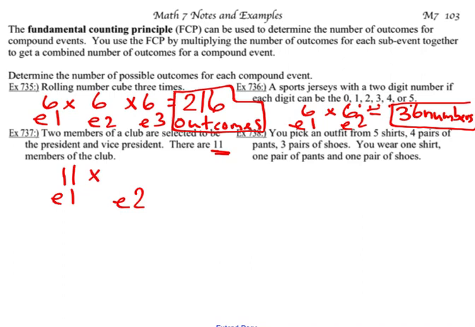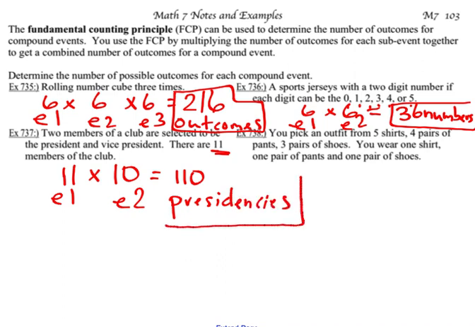But once the president has been picked, that person is no longer available to be picked as the vice president. So there are only 10 available for the vice president position, giving us a total of 110 different presidencies that could be formed in that club.